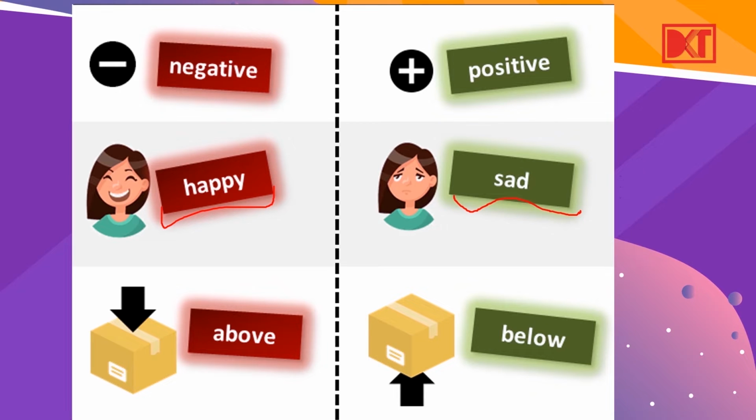Here you see negative and positive. Either you see happy and sad. You see above and below. Now here if you can notice, here the situation is that all these words are opposite to each other.